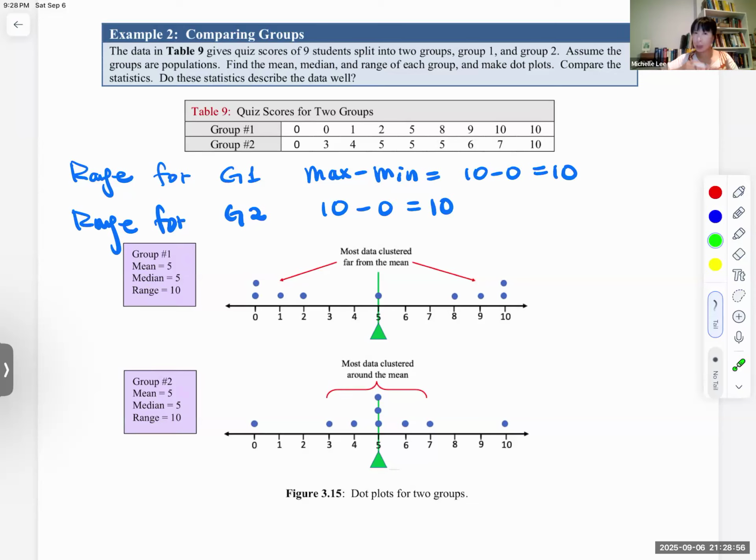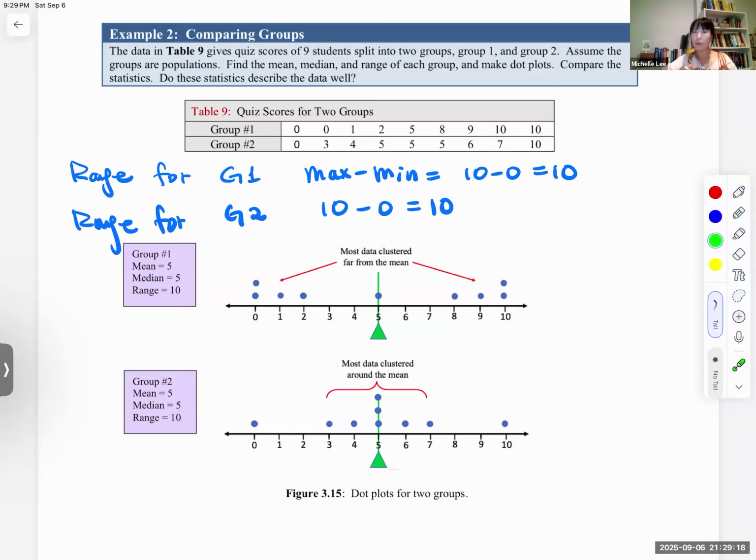Since range tells us how much the data set is spread out, a bigger range says more spread out, and a small range says less spread out, right?